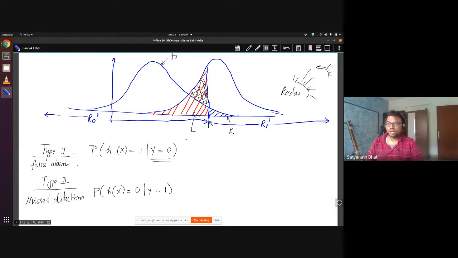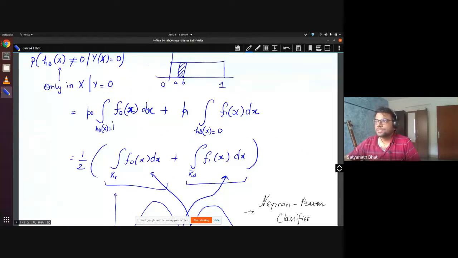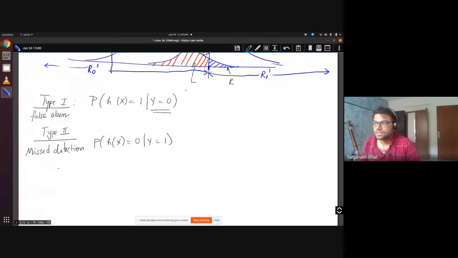Now, if you look at the expression here, basically it is P0 times type 1 error plus P1 times type 2 error. So P of error is equal to P0 times type 1 error plus P1 times type 2 error.